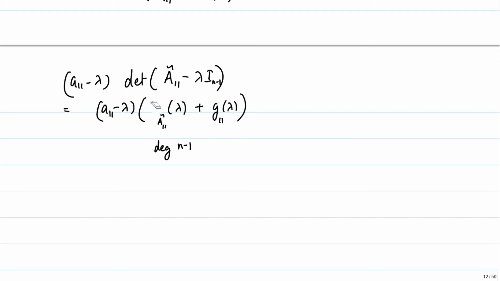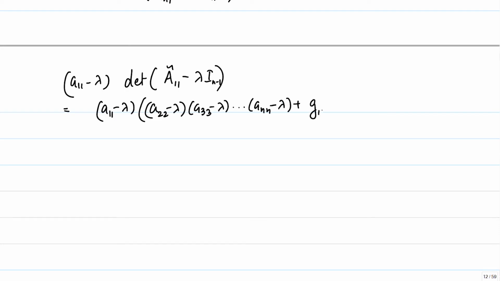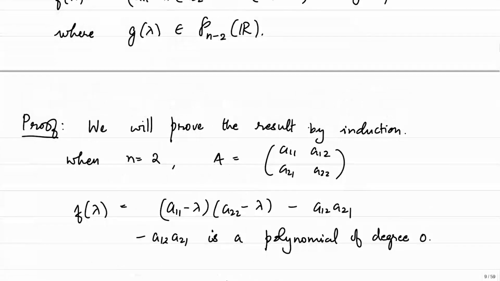Oh, no, in fact we can say a lot more. By the induction hypothesis, this will turn out to be (A22 minus lambda)(A33 minus lambda) up to (Ann minus lambda) plus, let's put it, G11 tilde.